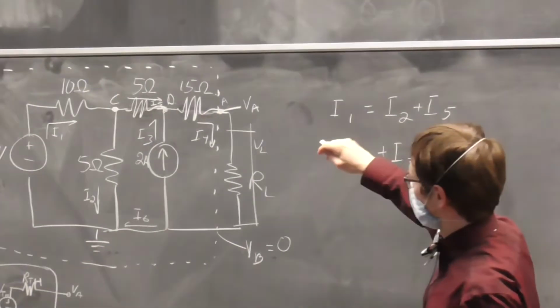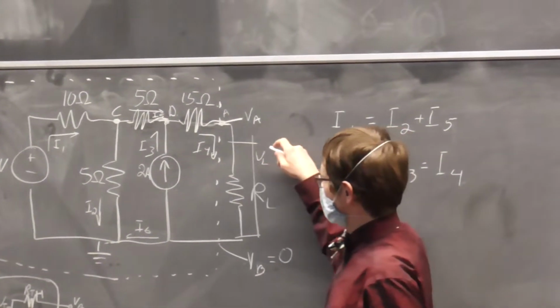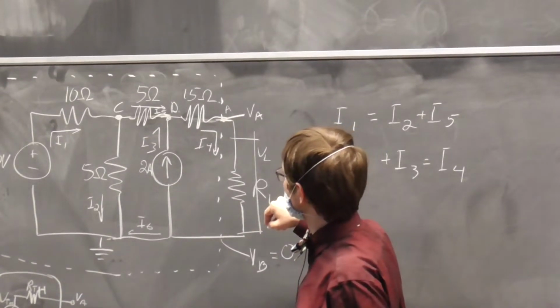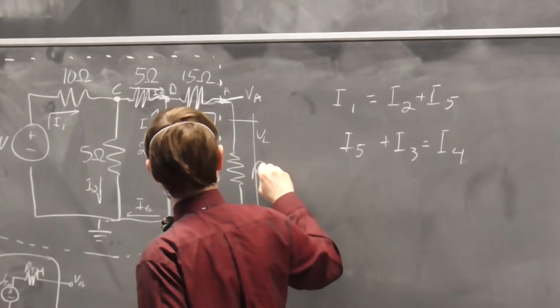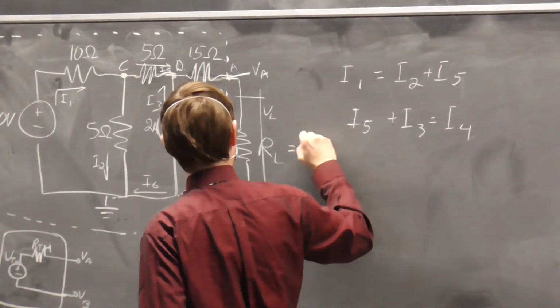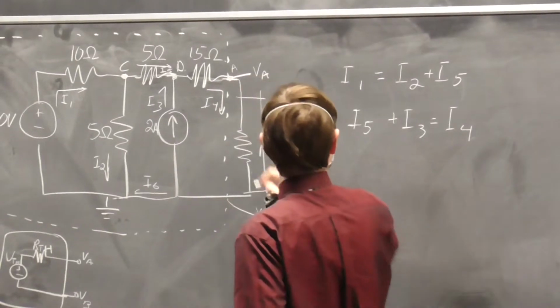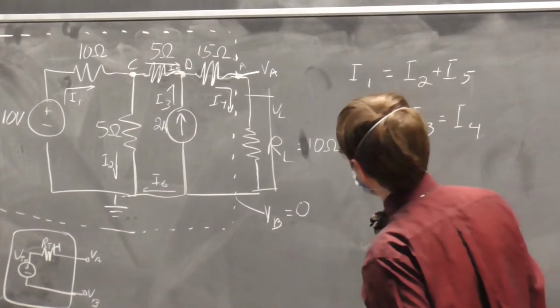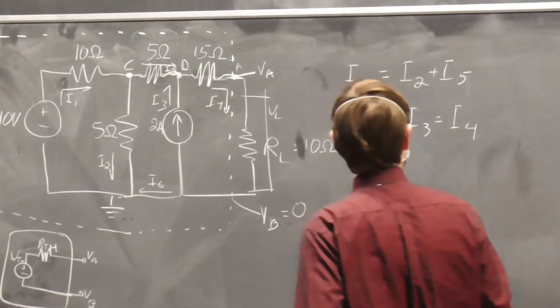If we solve for I4, then of course we can figure out what the voltage is reasonably easily. Just RL is going to have to be known. So let's just make it 10. But there we go. Good. Excellent so far.